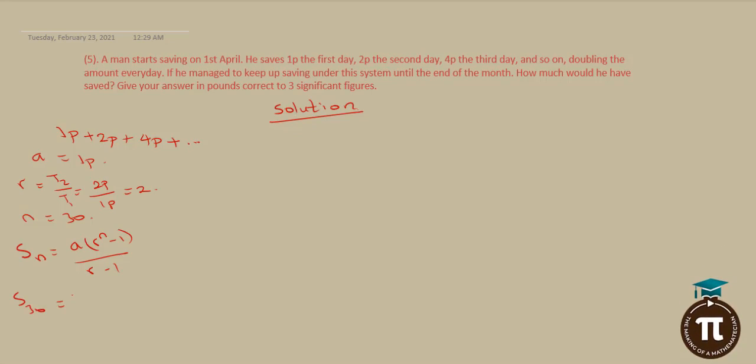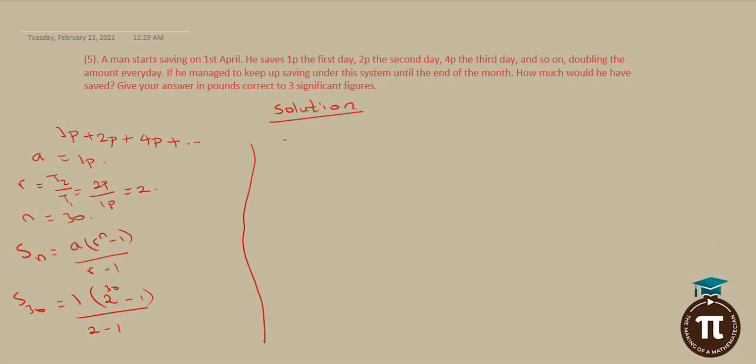a is 1, open bracket r raised to power n, that is 2 raised to power 30 minus 1, all over r minus 1, all over 2 minus 1.